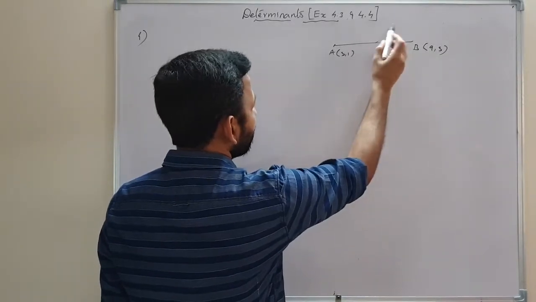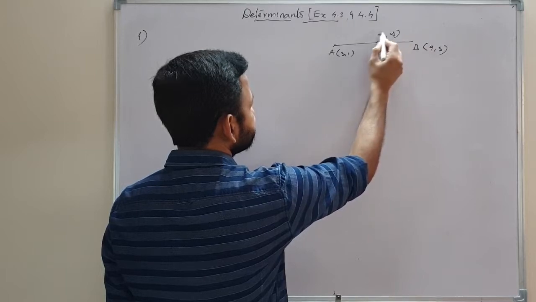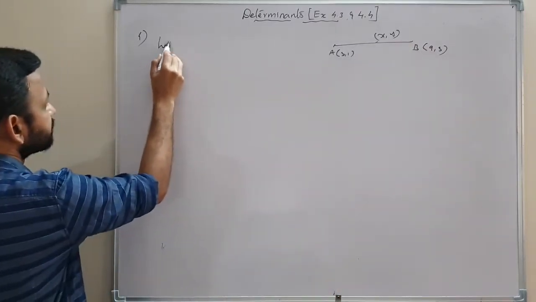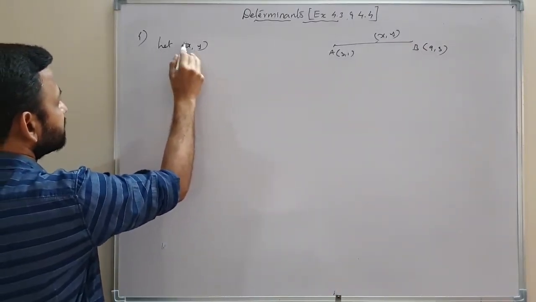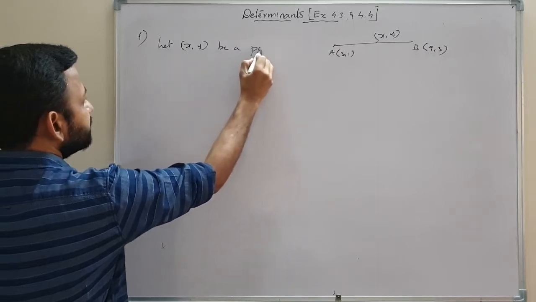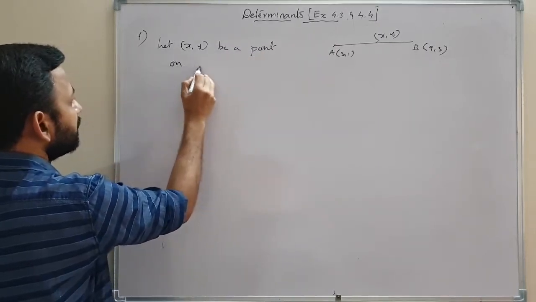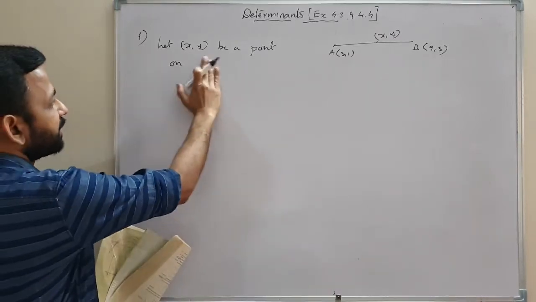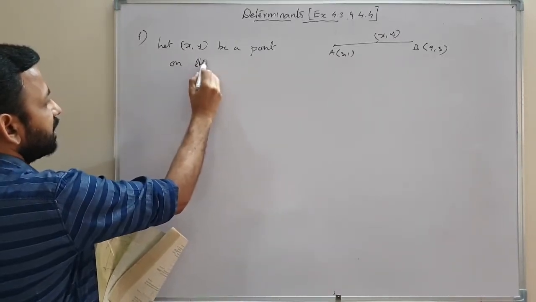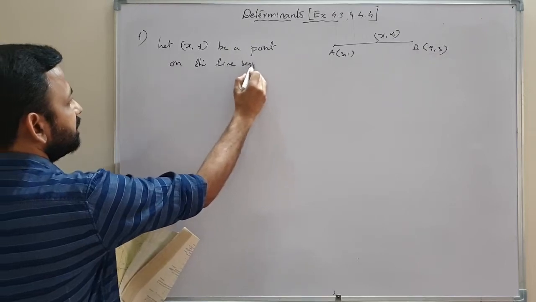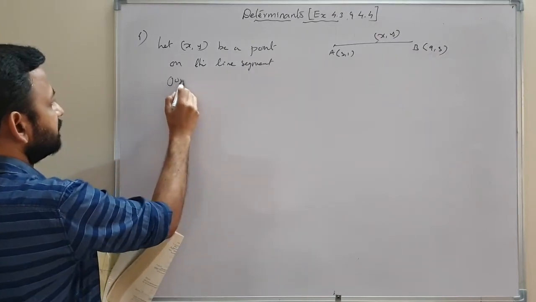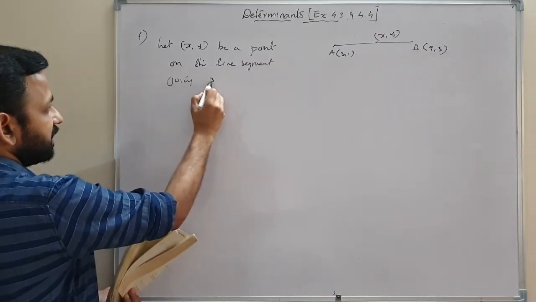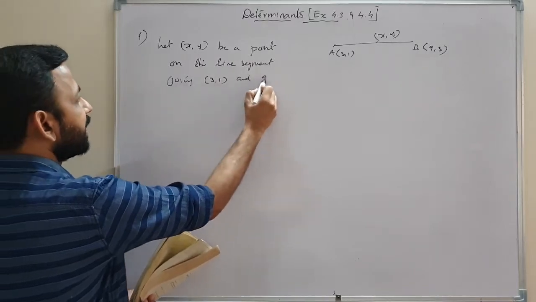Suppose you are taking one point in between. Let (x, y) be a point on AB, or let (x, y) be a point on the line segment joining (3, 1) and (9, 3).